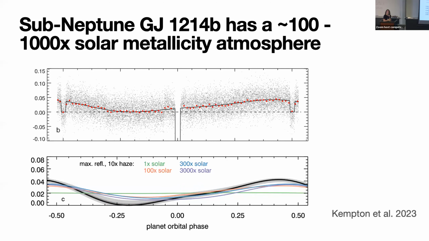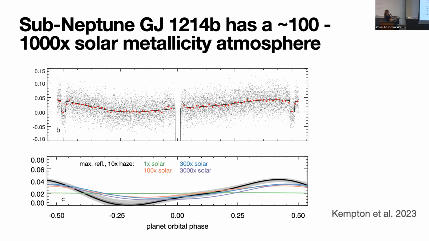compared to a couple of different GCMs, these are from Maria Steinrueck. You can see already here that a solar composition model, so 1 times solar, which is really good at redistributing heat from the day side to the night side, doesn't match the data at all. Instead, the models that fit the best are very enhanced in metals, something like 300 to even 3,000 times solar.